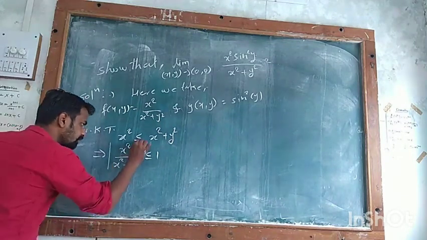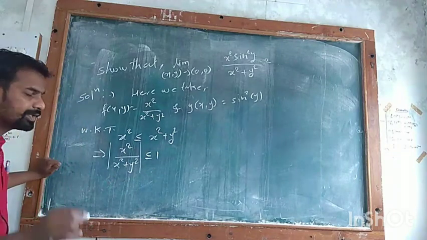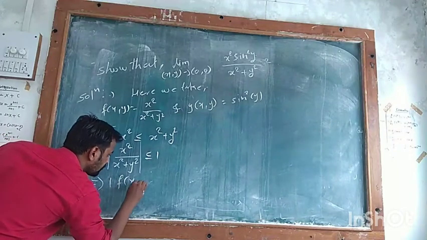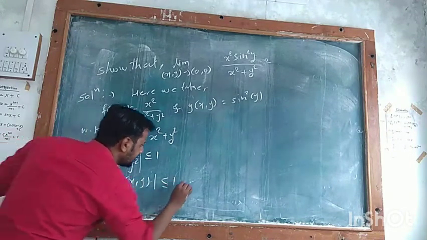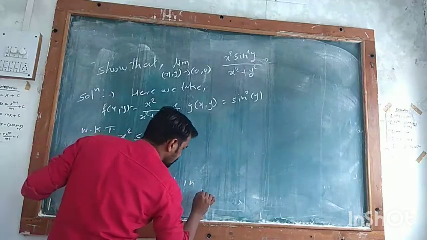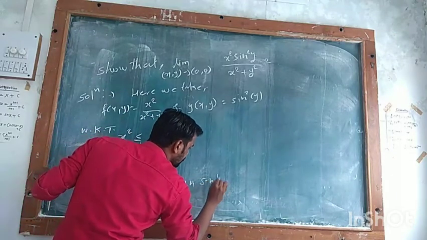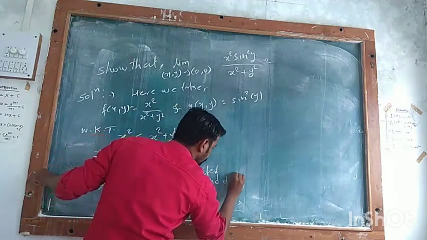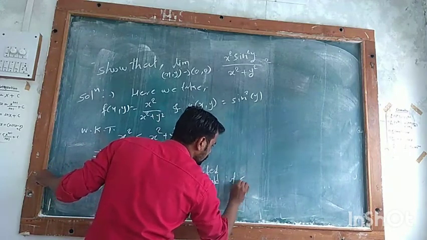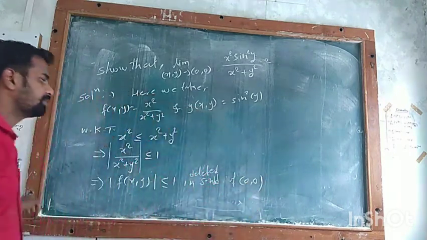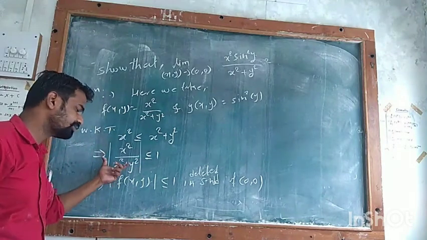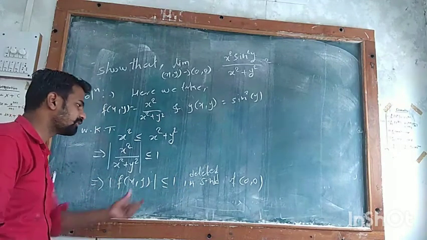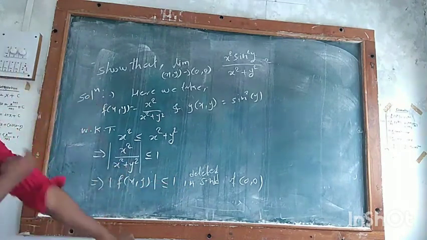Taking mod on both sides, mod of f of xy is less than or equal to 1 in a deleted delta neighborhood of the point 0 0, because at 0 0 this is not defined, but in a delta neighborhood of 0 0 this function is bounded.